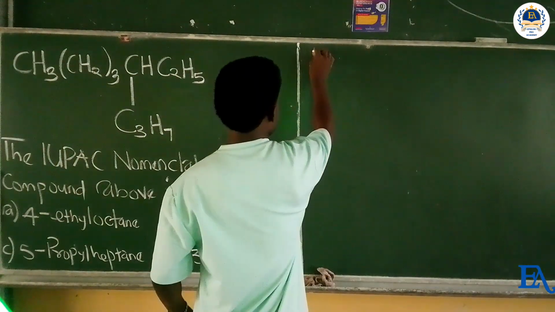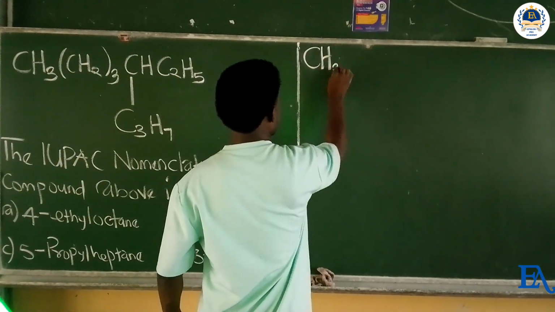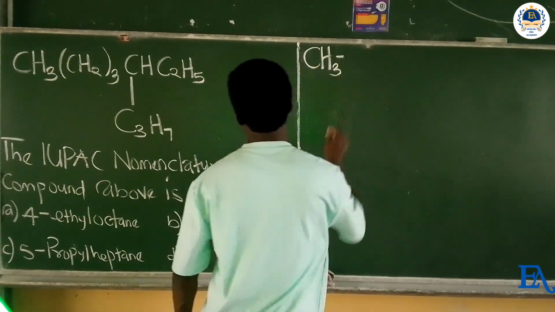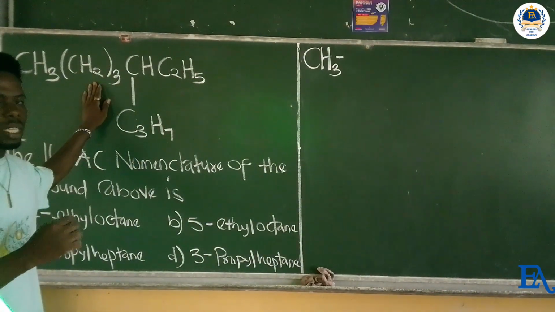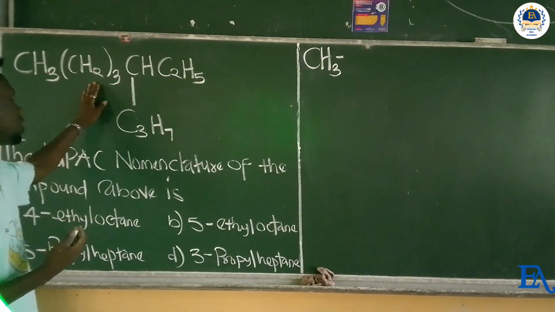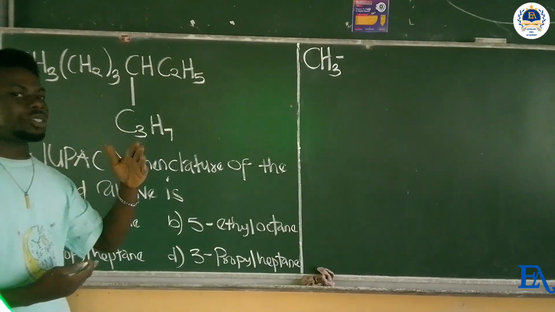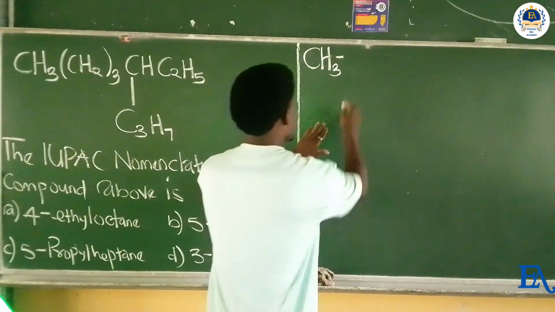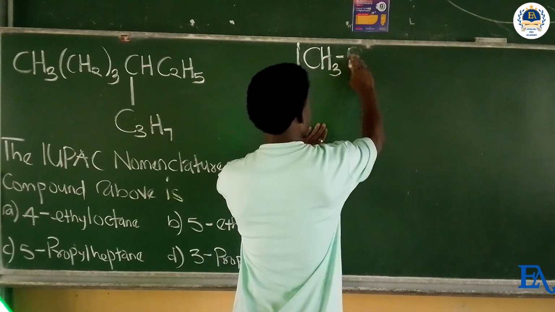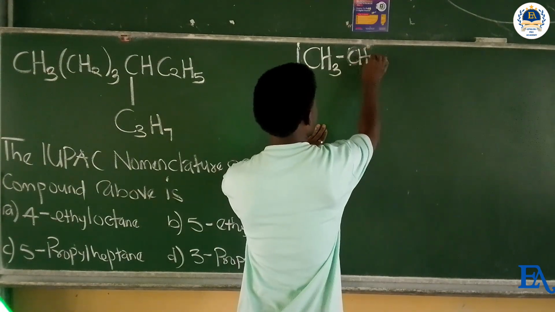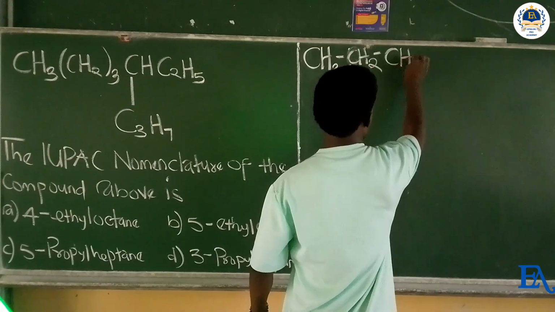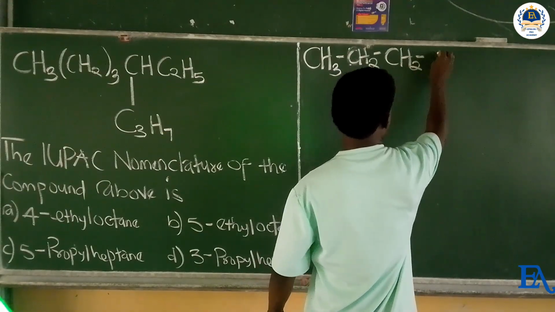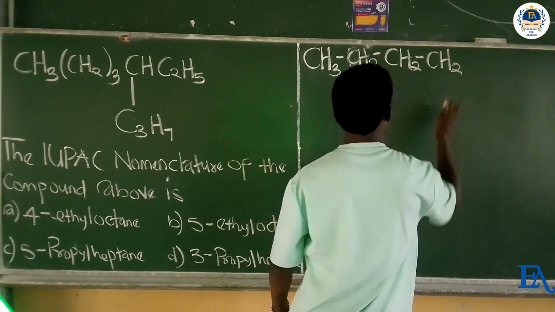We have CH3, then we have CH2 written in brackets with subscript 3. That means this CH2 is going to appear three times. So we have CH2, CH2, and the third CH2.